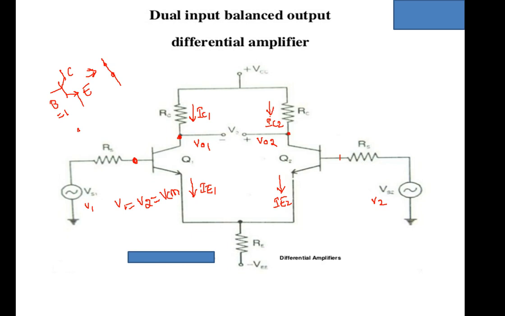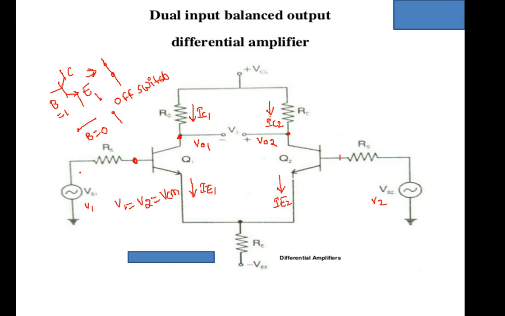If you apply base voltage equal to 0, then the collector and emitter terminals are open circuited. This is the off switch. So this is the basic condition in order to understand the operation. When you apply base voltage 1, the transistor acts as the on switch. When you apply base voltage 0, the transistor acts as the off switch.